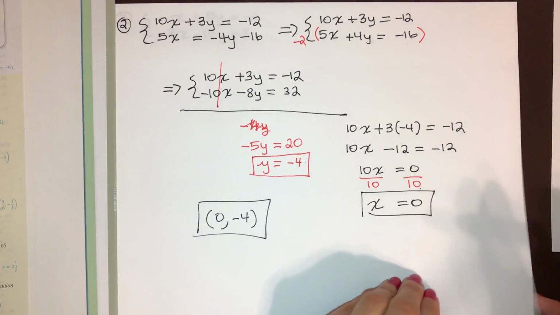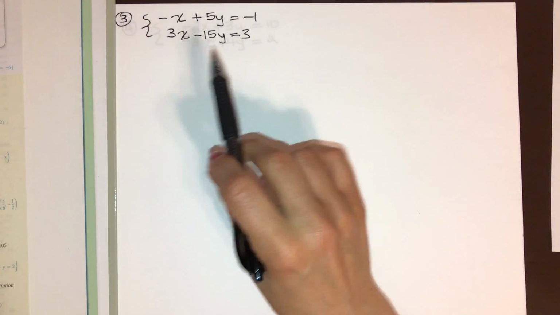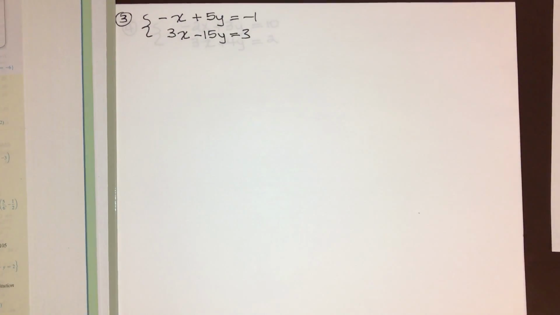Let's take a look at the third example. All right, so in this example, the first thing you want to notice is that like terms line up, and we also need to multiply one of the equations to eliminate x or y.